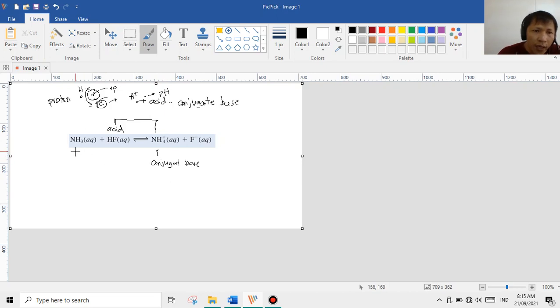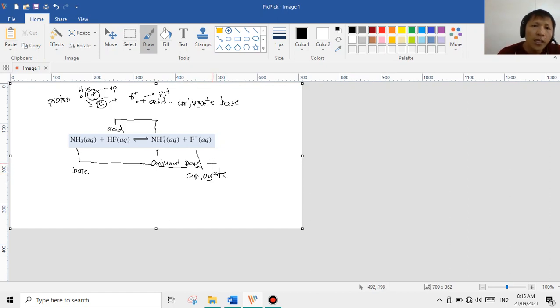In this one, this is the substance that accepted, so we call this the base. And this is now your conjugate acid.